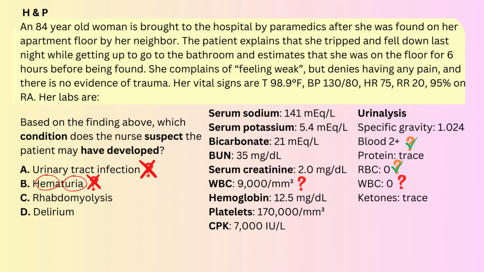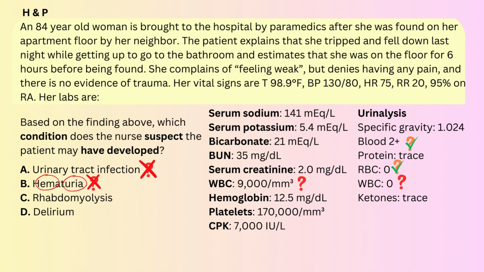Choice C mentions rhabdomyolysis that is consistent with the finding on the UA, which is the presence of blood without red blood cells. What else do you remember about rhabdo? If you recall from my video on rhabdo, you know that acute kidney injury is the most common complication of rhabdo, and there is also shifting of electrolytes causing hyperkalemia and hypocalcemia.